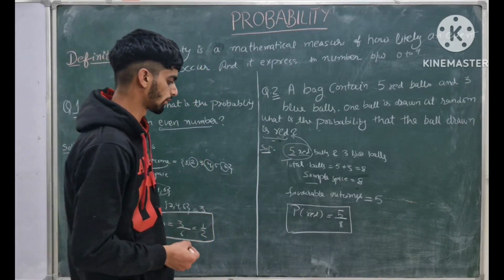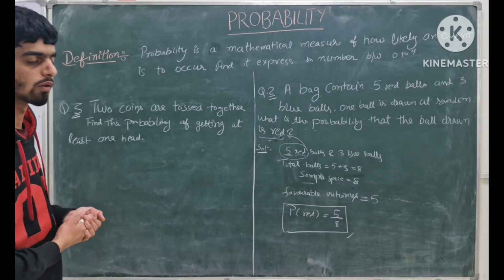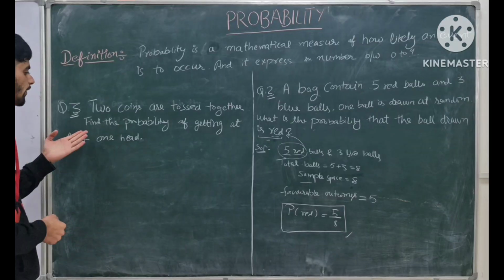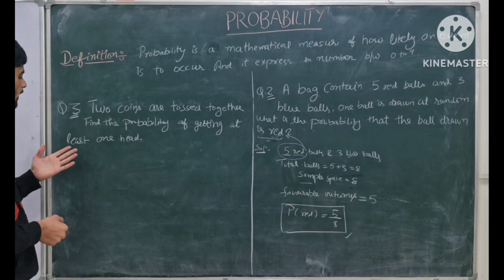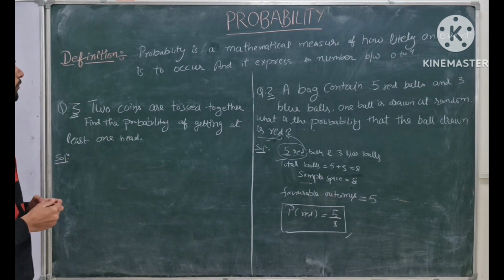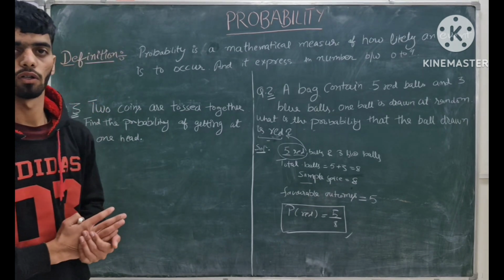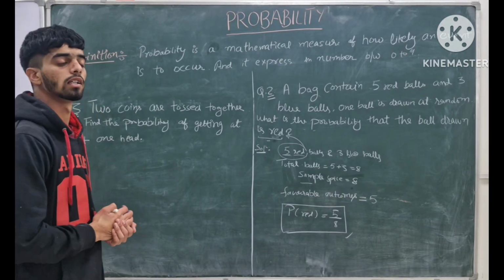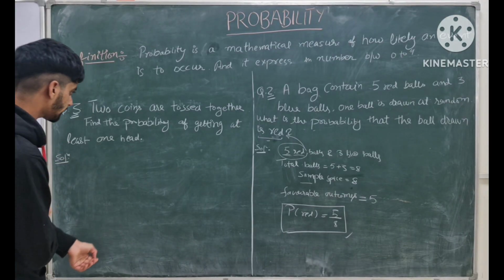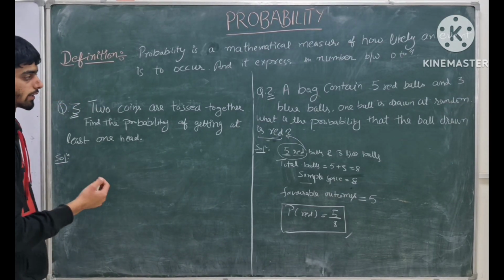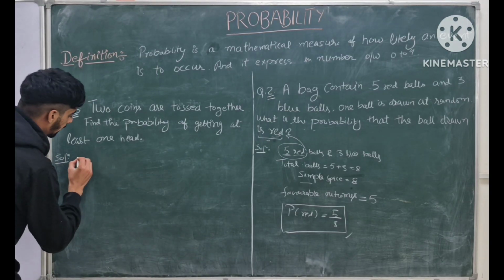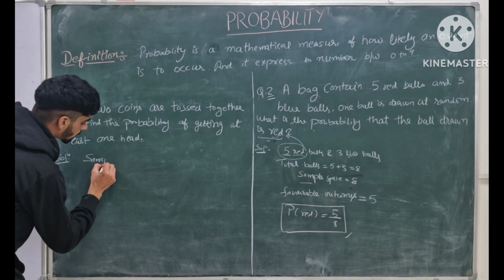So now let's solve another example of probability: 2 coins are tossed together, and find the probability of getting at least one head. So we are given that 2 coins are tossed together, and we have to find the probability of getting at least one head. First we have to write the sample space.